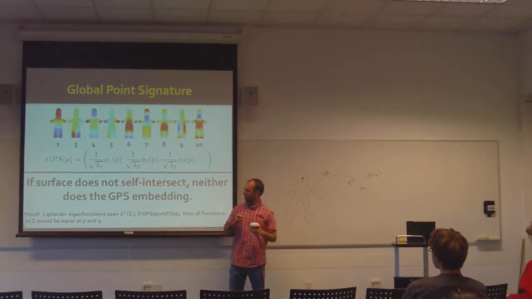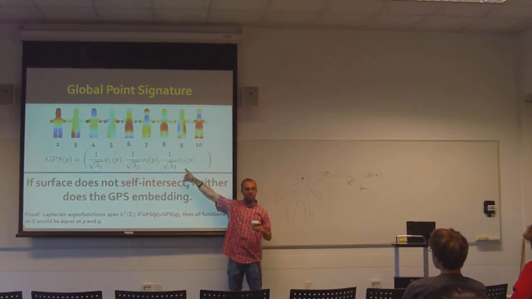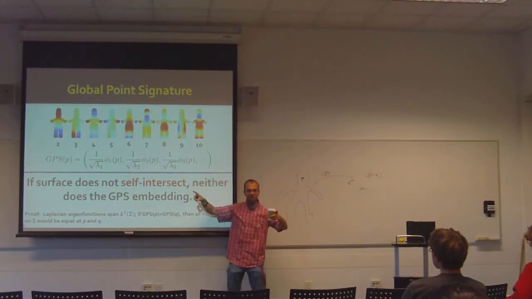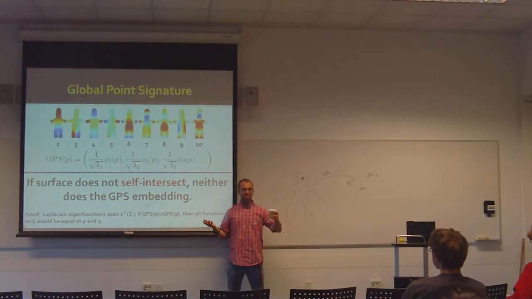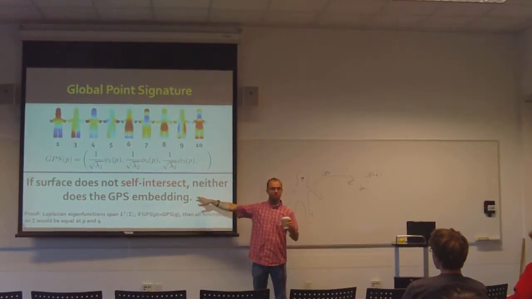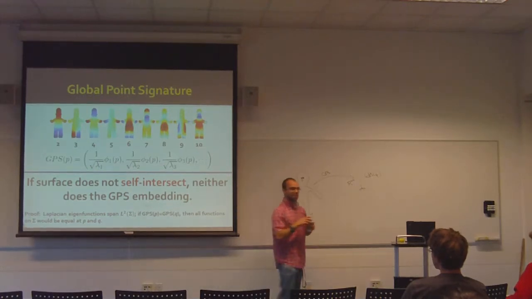Well, if I take any function on Homer and I write it in its Fourier basis, that function has got to have the same value at P and Q, because every single basis function has the same value at these two points. But it's pretty easy to construct functions that are different at just some pair of points on the surface. So that's enough to prove that the GPS embedding for each point is unique. Does that make some sense? Maybe, sort of, intuitively. Cool.